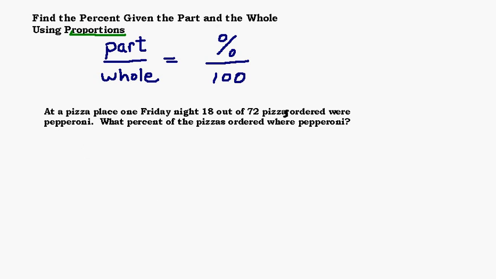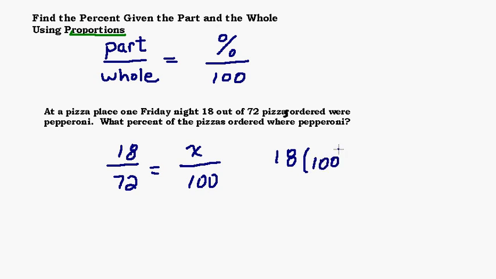Okay, so to set this up, we're going to say 18 out of 72 is how much out of 100. That's what we're trying to figure out. So we've got two numbers across from each other and one number across from the number we're trying to figure out. We're going to multiply the two numbers across from each other. So 18 times 100.